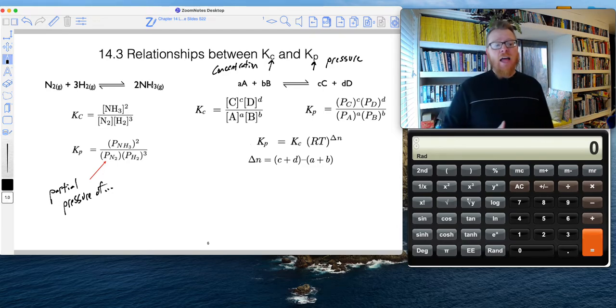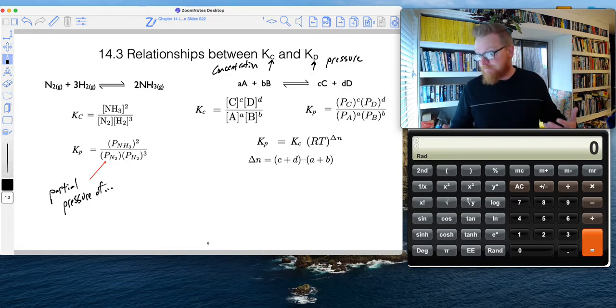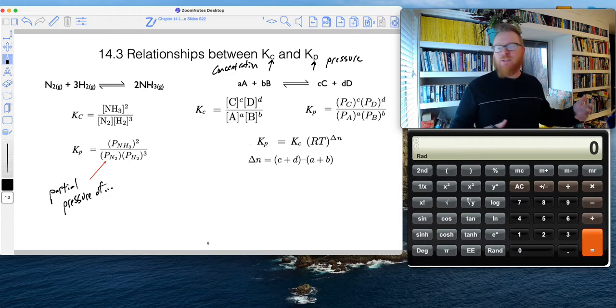So it actually makes a lot more sense to use Kp for a gas phase reaction because we're going to fill these things into a container using some type of pressurized cylinder, right? So we might have so many atmospheres of ammonia and so many atmospheres of nitrogen and so many atmospheres of hydrogen, okay? So we use those pressure units when we're talking about Kp, right?